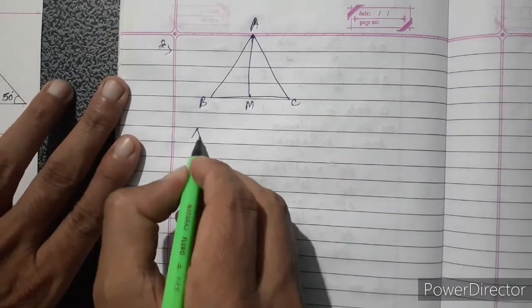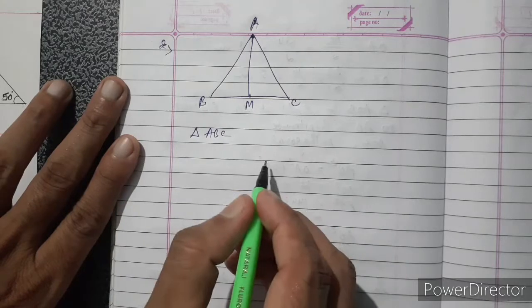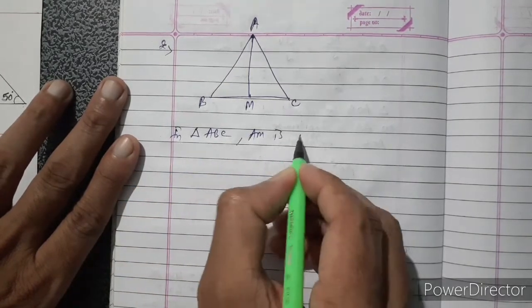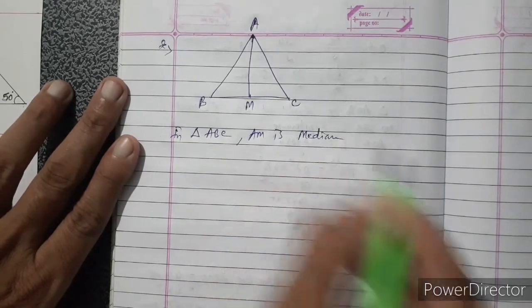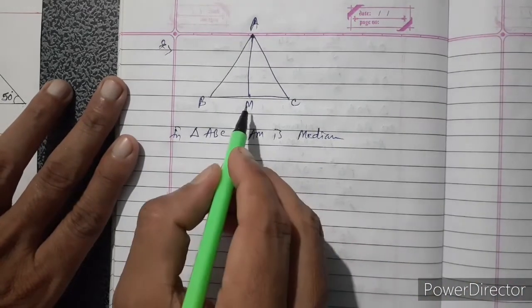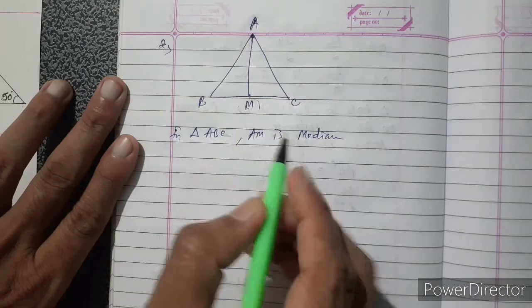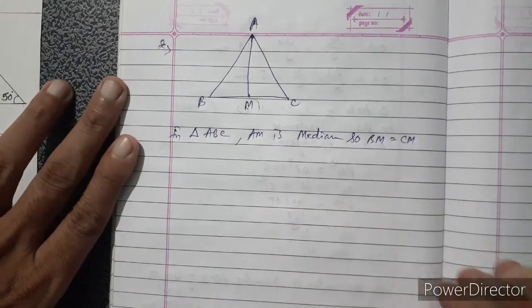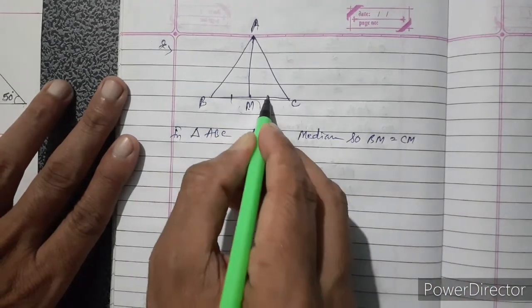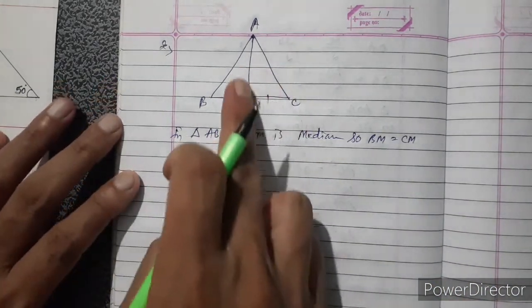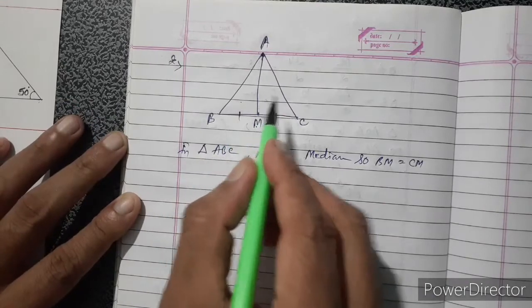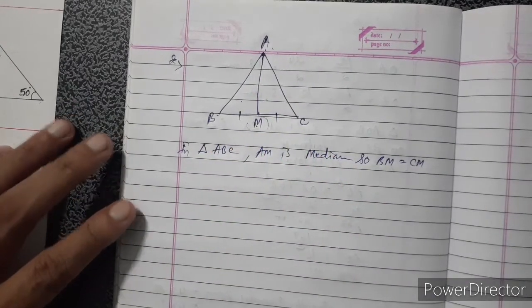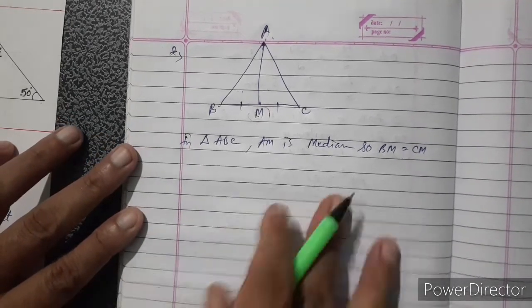So here, in triangle ABC, AM is a median, and AM is a median means M is the midpoint, so BM equal to CM, means these two sides are equal. Now look here, two triangles are there, triangle ABM and ACM.